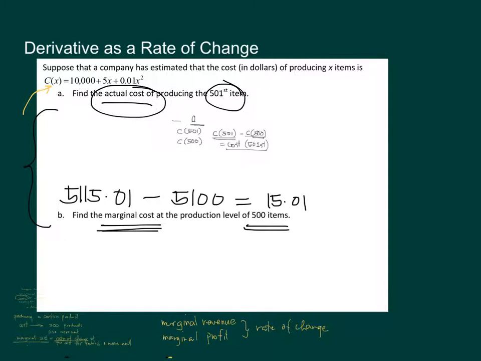Just to make this clear, question A and B are actually asking you the same thing. The first one is giving us the actual cost, so we needed to use the cost function to find the actual cost of producing the 501st item. While letter B, by using the marginal cost, we will be able to estimate that actual cost.